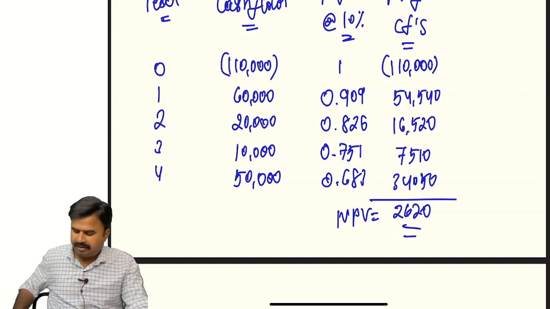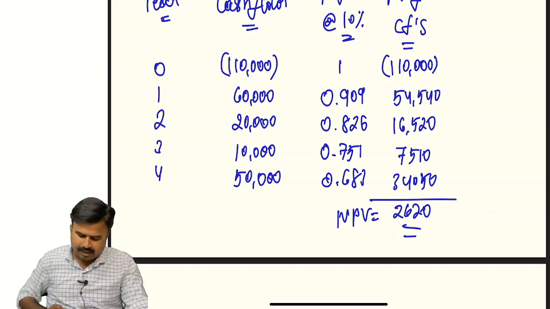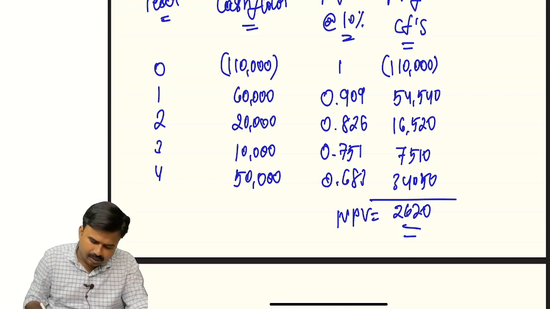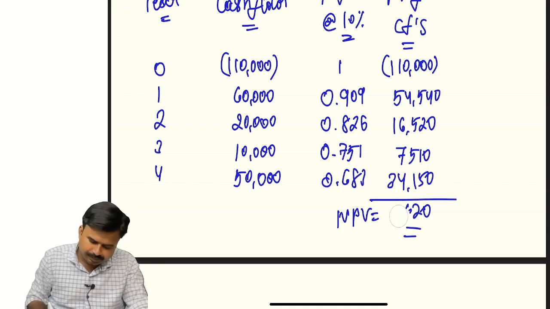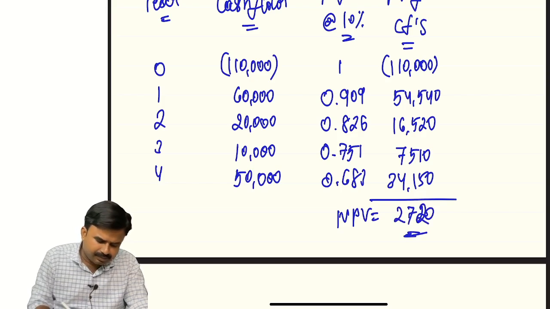I have taken 150. 50,000 into 0.683, 34,150. Yeah, it was the wrong number. It will be 2,720. Now go for the next guess rate.